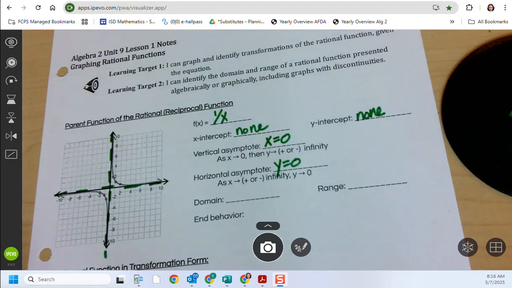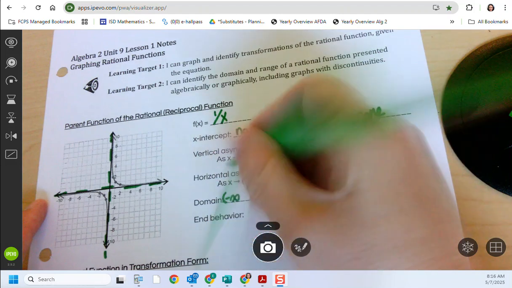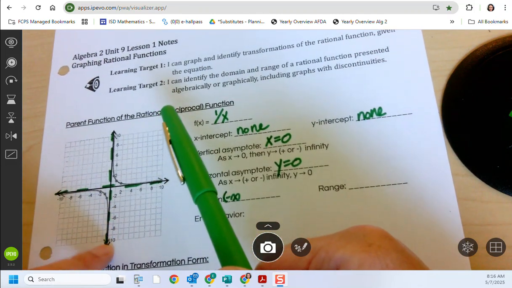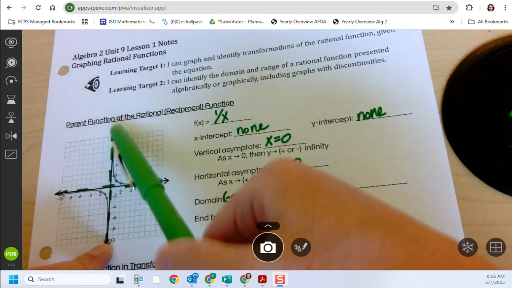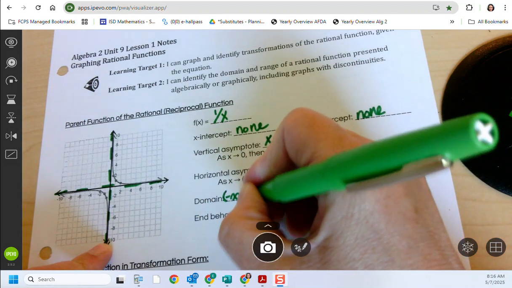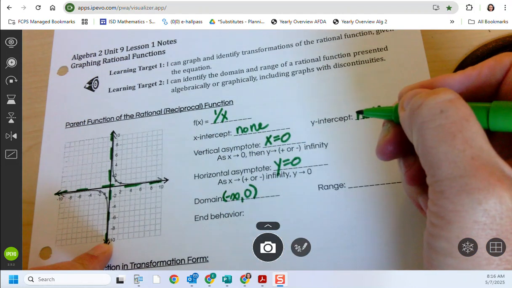So your domain starts all the way on the left at negative infinity. And it continues, you'll see this piece, it continues all the way over here, and is getting closer and closer to your asymptote at 0, but it will never touch it. So it goes from negative infinity to 0 with a parentheses to say not including 0.